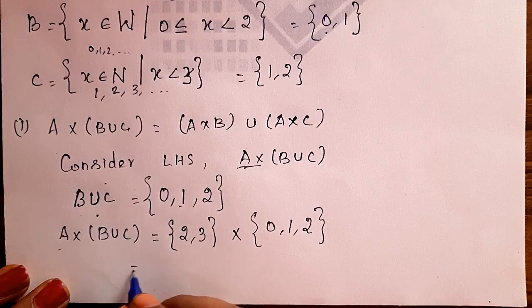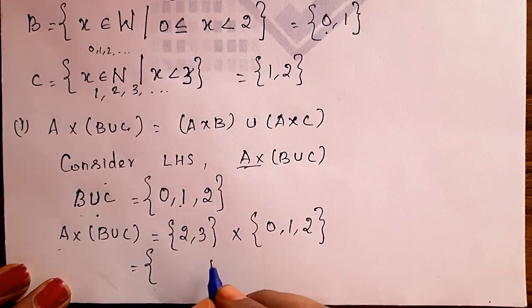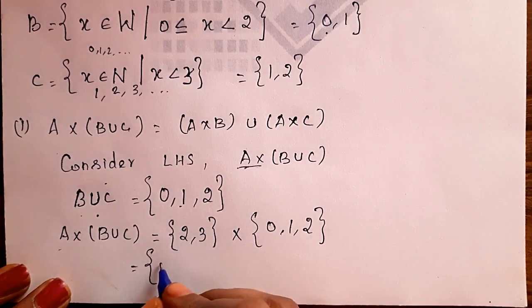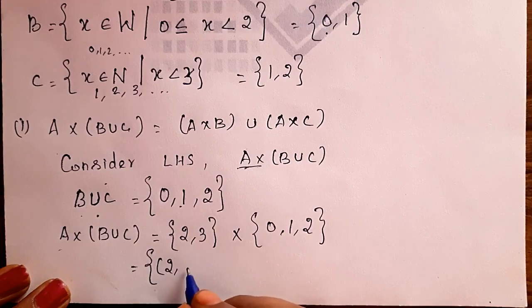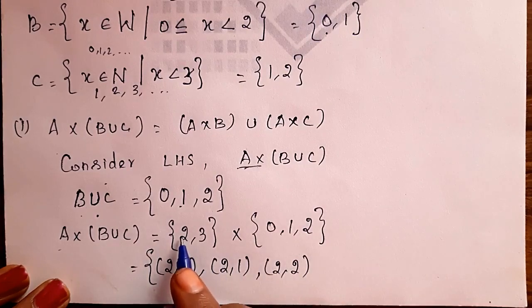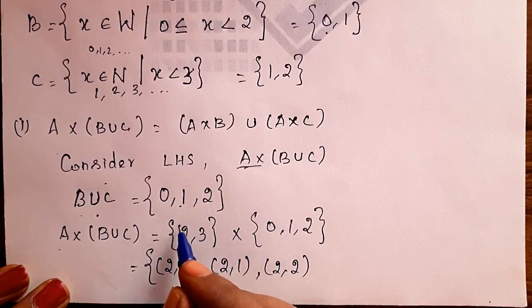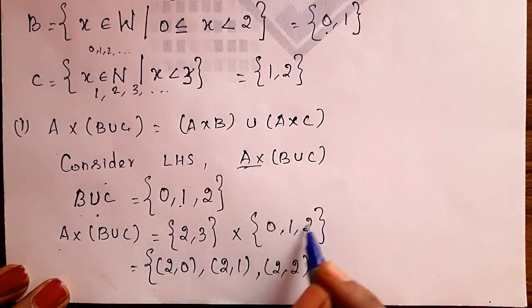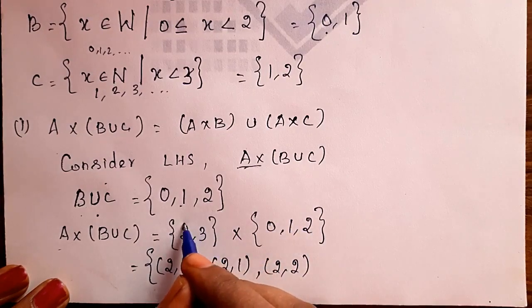So that is the set of all 2, 0, then 2, 1, then 2, 2. So we connected every element from this one to the first element.